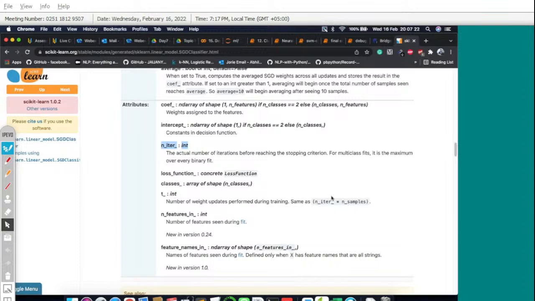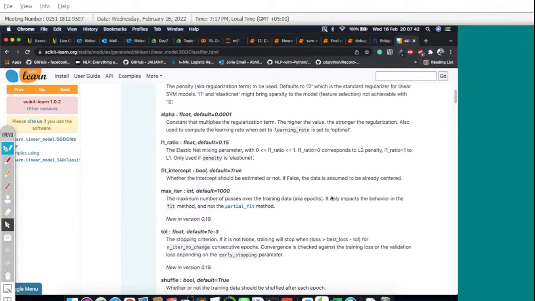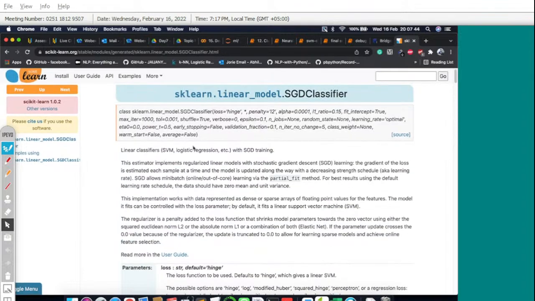The maximum iteration should not exceed certain iterations, in order to avoid overfitting. So we need to restrict the iterations in stochastic gradient descent at a certain point. For that, we use max iter. This is how we limit the number of iterations.